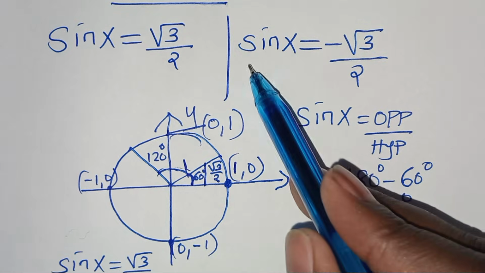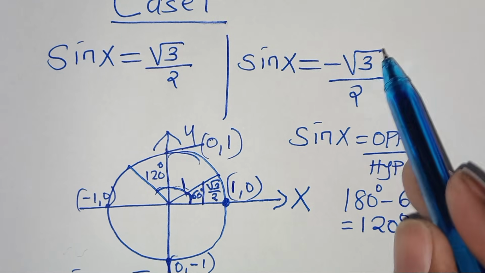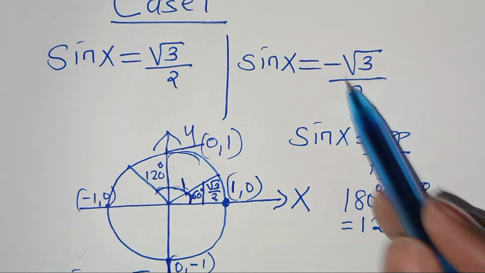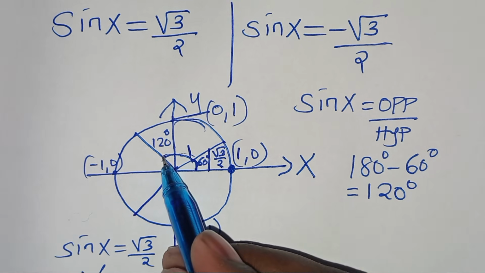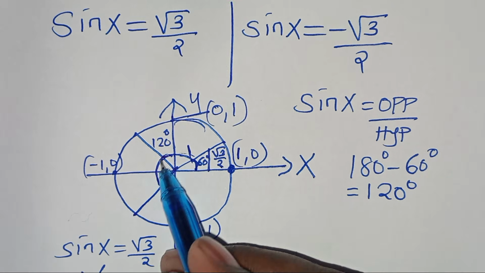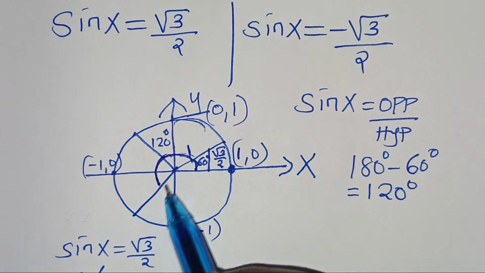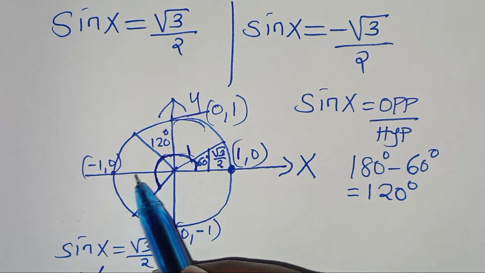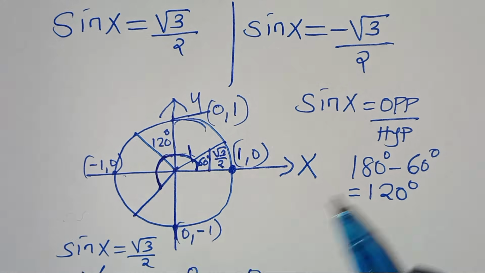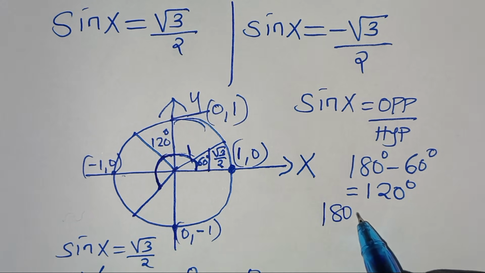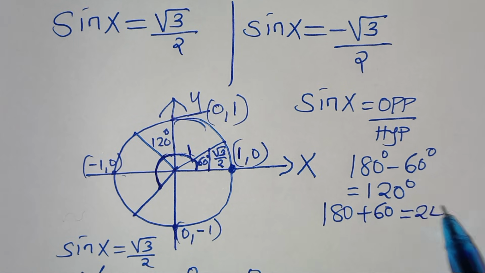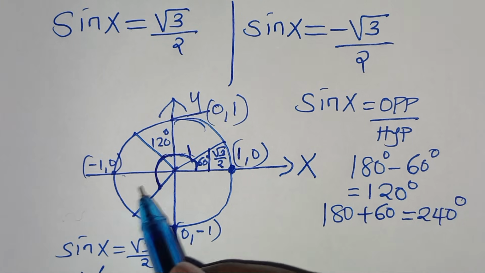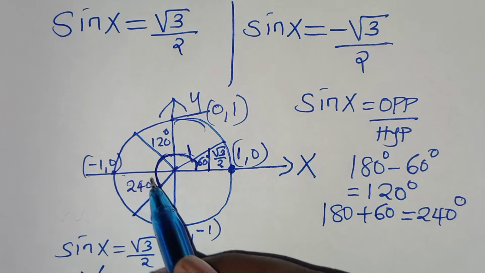Now we have sine x is equal to minus square root of 3 over 2. In this case, we have an angle that traverses from 0 to this point here, 180 plus 60, and this is equal to 240 degrees.